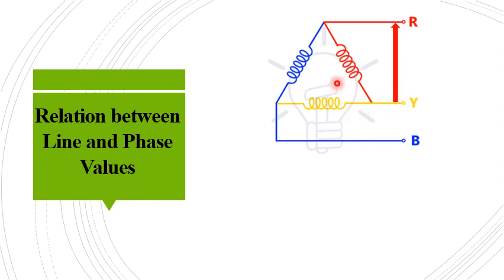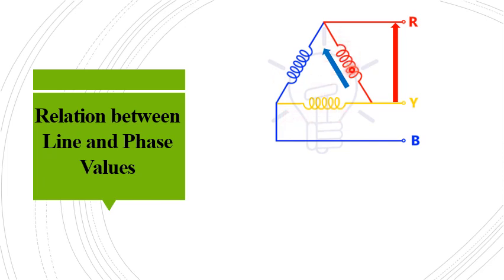The second one is the phase voltage, that is the voltage across any phase or any set of winding. Here the phase voltage will be the voltage across this coil, or across this coil, or across this coil.